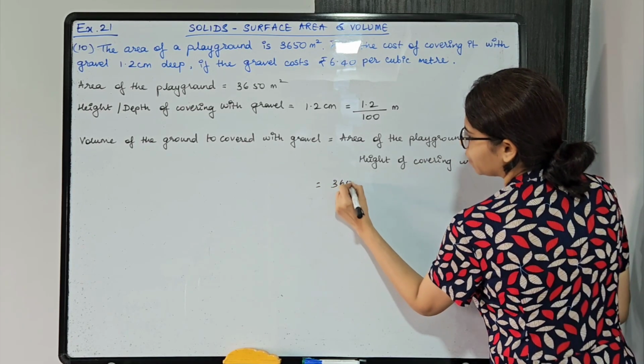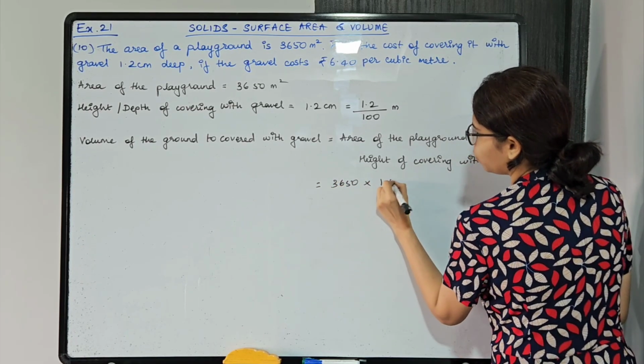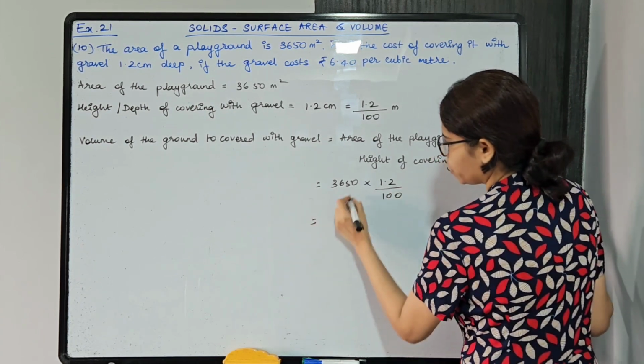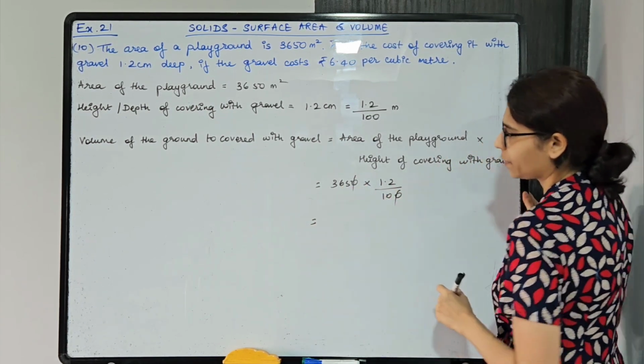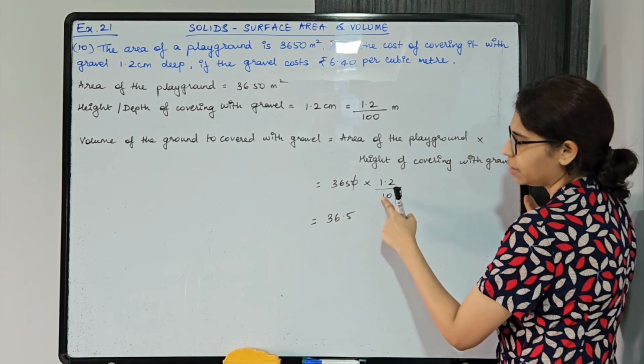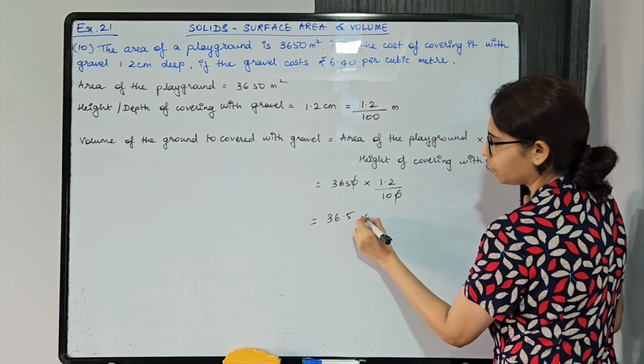Area is 3650, height is 1.2 divided by 100. Okay, so 0 0 cancel हो जाएगा and 36.5, right, divided by 10 है, so 36.5 into 1.2.